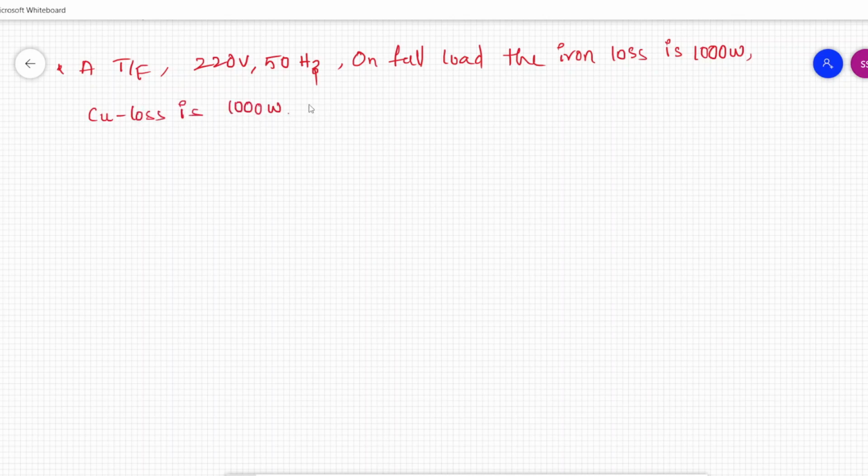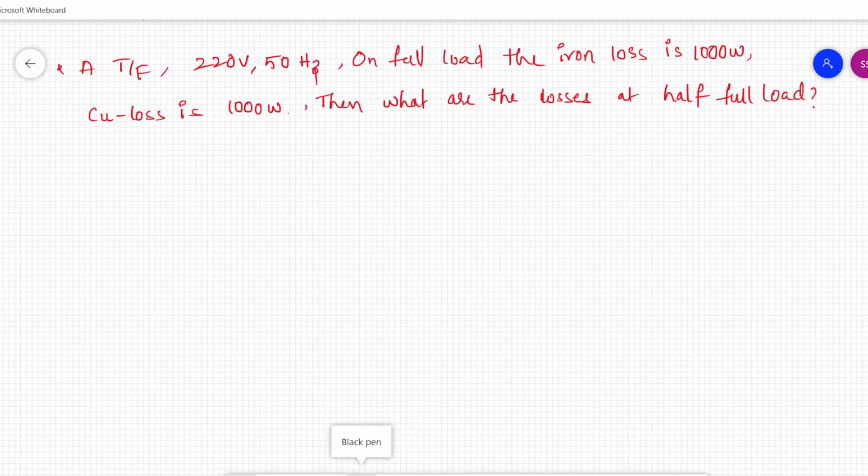And what are the losses at half full load? What are the losses at half full load?